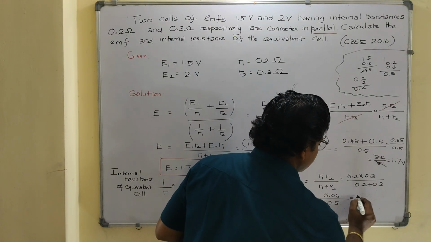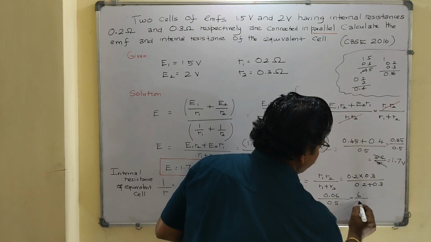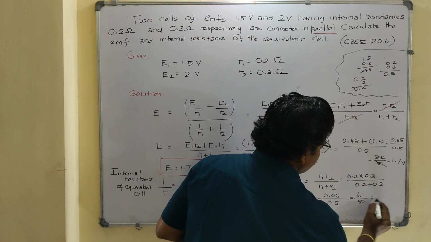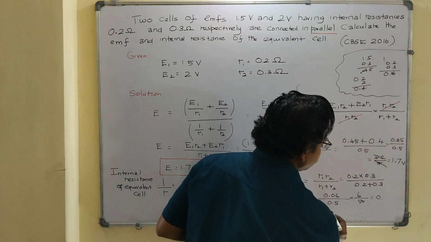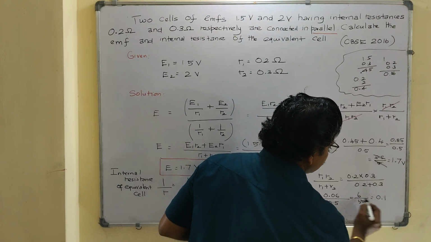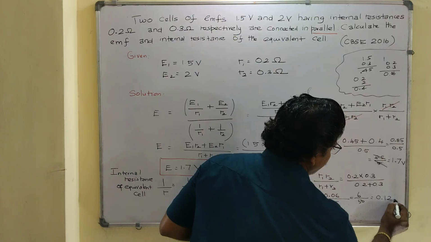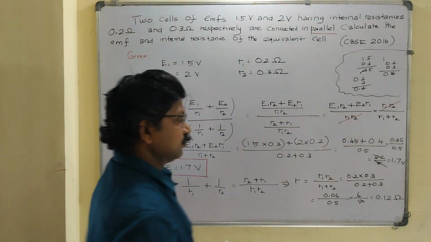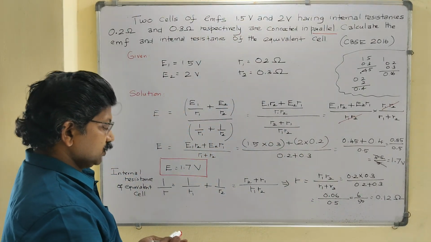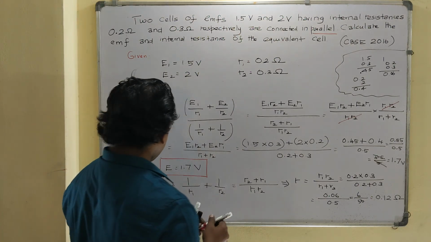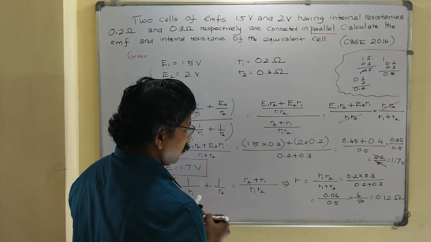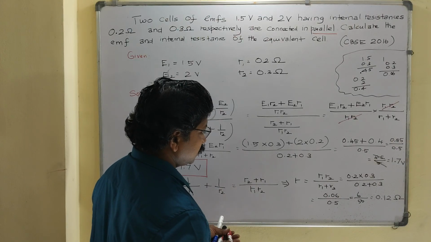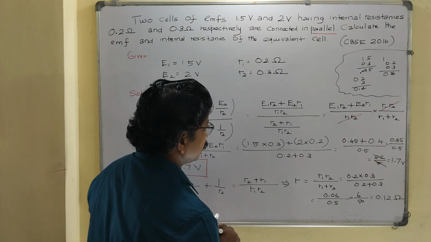Multiply by 10 and 100 on both sides, so 6 divided by 50 equal to 0.12. So the total internal resistance of the equivalent cell R equal to 0.12 ohm.